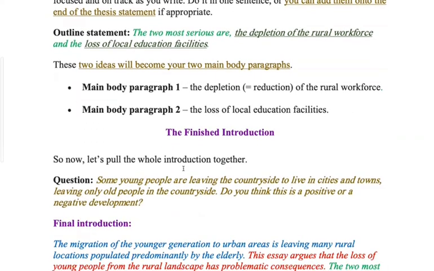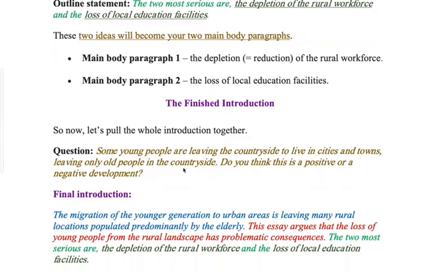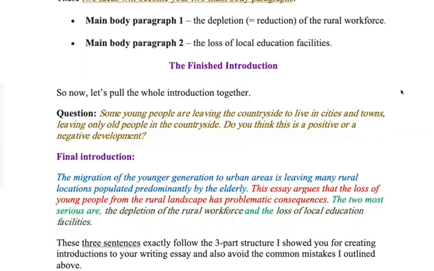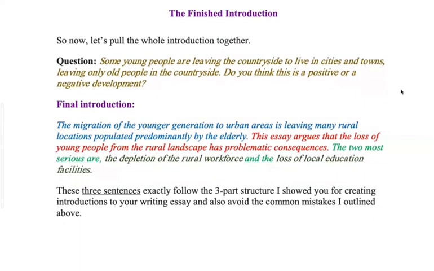So now the finished introduction. We are at the last step in our introduction. Let's pull the whole introduction together and see it as a whole picture. Question: some young people are leaving the countryside to live in cities and towns, leaving only old people in the countryside.